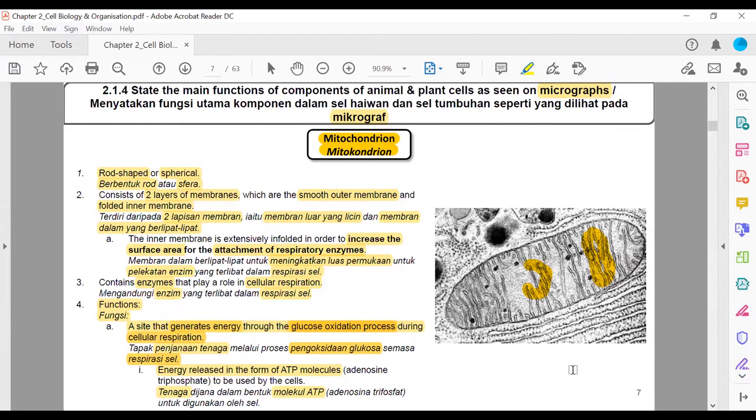Adenosine triphosphate ialah molekul yang menyimpan tenaga yang dihasilkan oleh mitokondrian ini. Bila sel kita perlu untuk menggunakan tenaga itu, tenaga daripada ATP akan keluar untuk digunakan oleh sel. So this is the function of mitochondria, terlibat dalam respirasi sel ataupun cellular respiration.